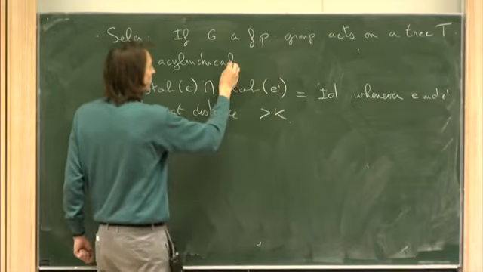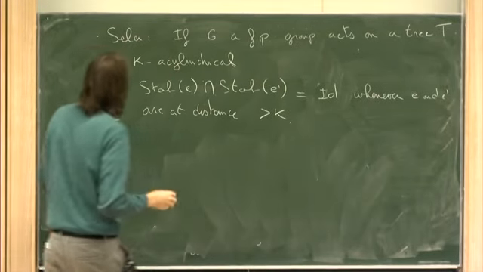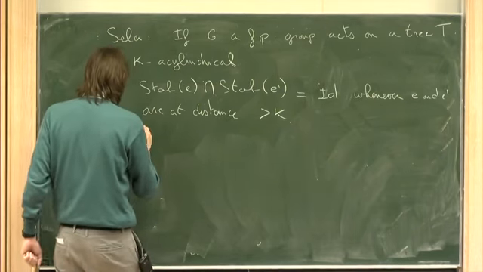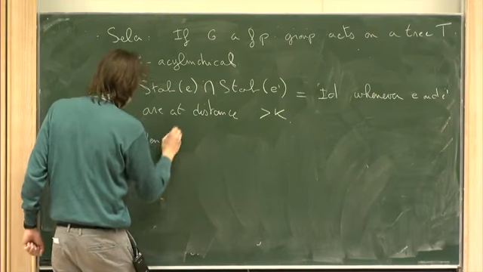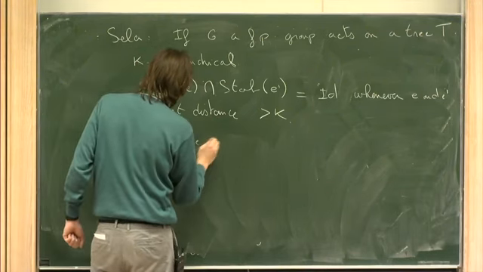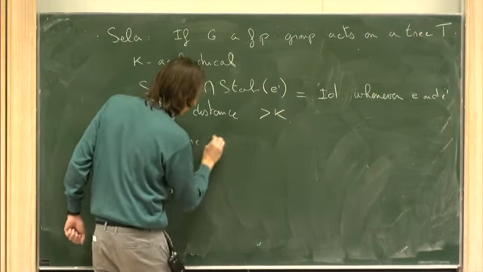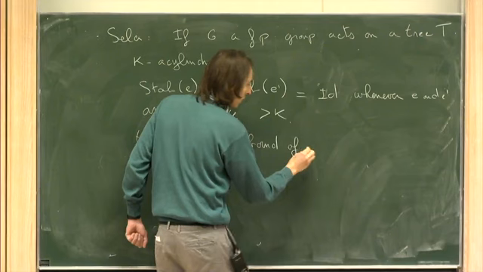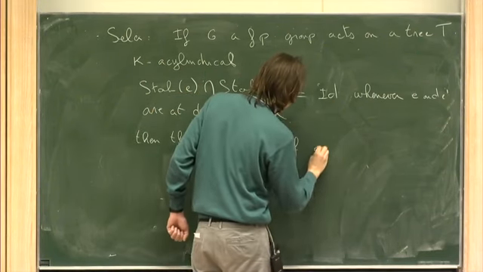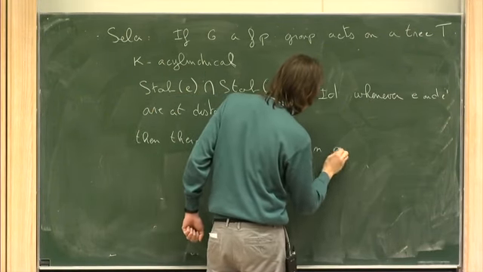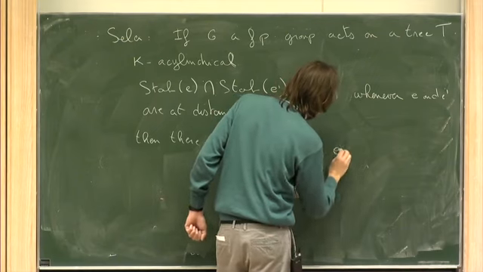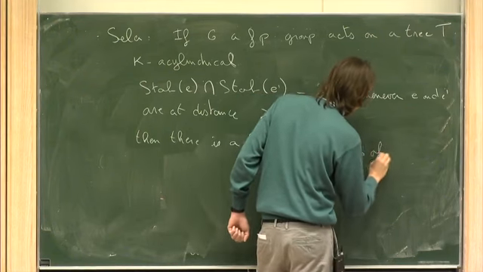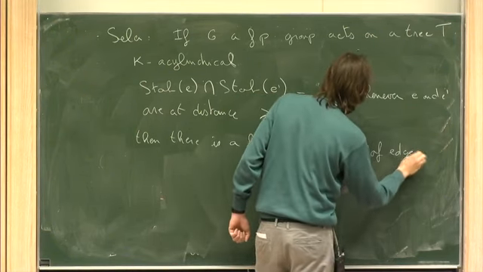And so in the case when the action is acylindrical, there is a bound on the number of orbits of edges.